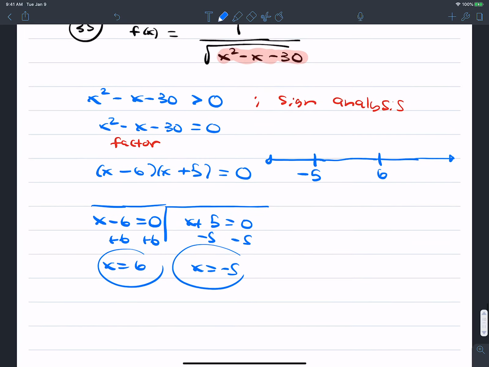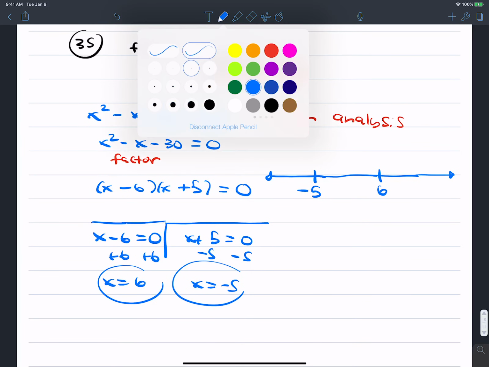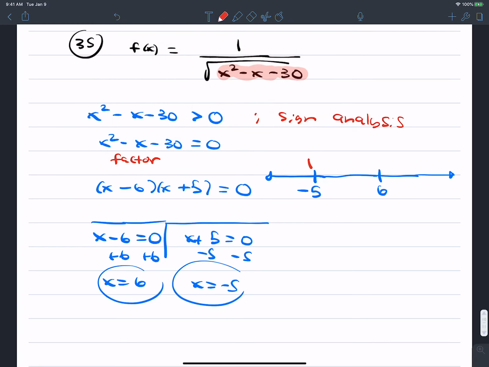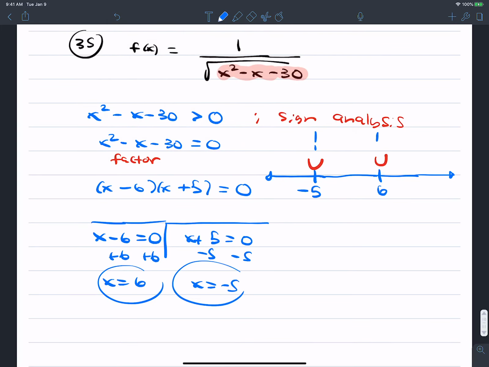So we get -5, +6. So remember, this is where it's equal to 0, but it's in the denominator position, so we label undefined here. That means your whole fraction is undefined. And that partitions our region again into 3 portions: 1, 2, and 3.